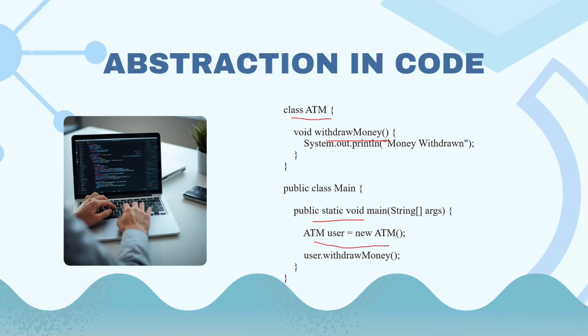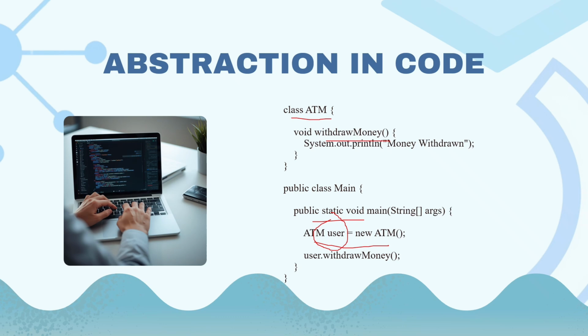This ATM object is created and stored in the heap memory, and the address of the object will be stored inside the variable, which is here user. So this user variable is holding the address of the ATM object. About this heap, I have explained in the previous video. So please do watch that video, you will understand it clearly.